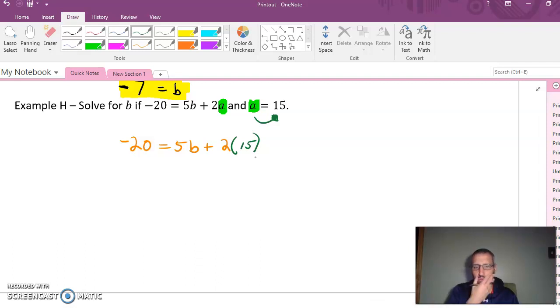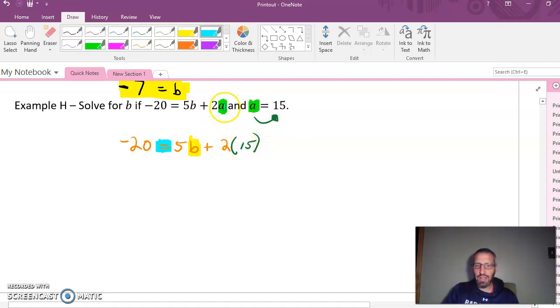Okay. All right. We can do this. Again, we just need to focus in. We're solving for b, and it's an equation, so we want to highlight those things to make sure we're focusing. But now I see some parentheses. Notice I used parentheses there because I wanted to show multiplication.